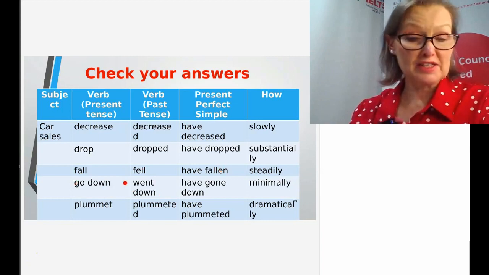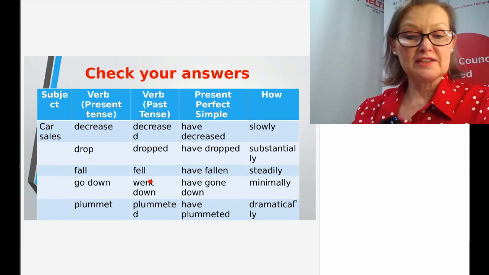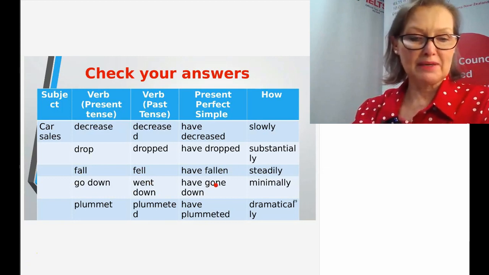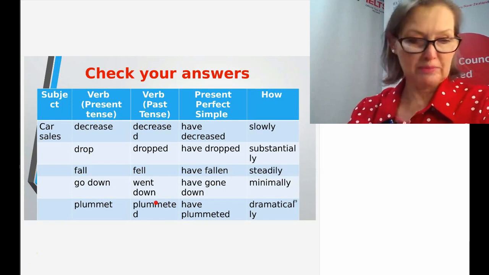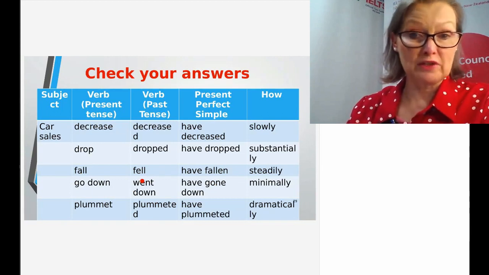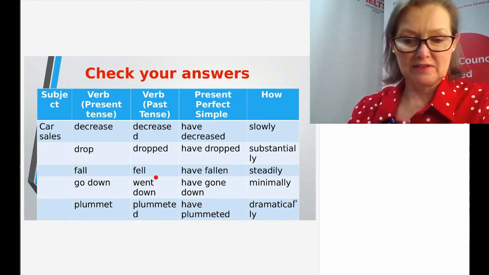Last year sales went down, or this year sales have gone down. And my plummeted, and there's one more off the page, which is actually plunge. Plunge, and it's a regular verb. Good.